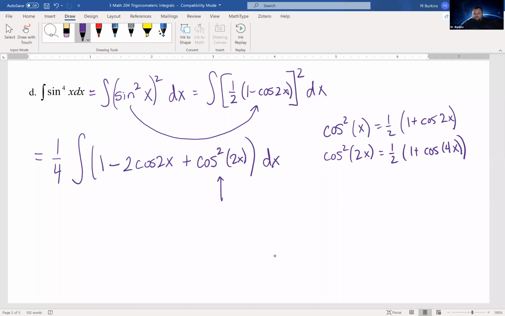Right, because I replaced x with the quantity 2x, and if it was multiplied by 2 in this one, well, we just need to multiply this by 2 to get 4x in there. So we can replace cosine squared 2x by that term.